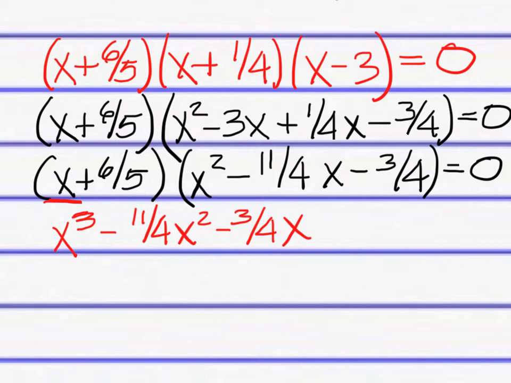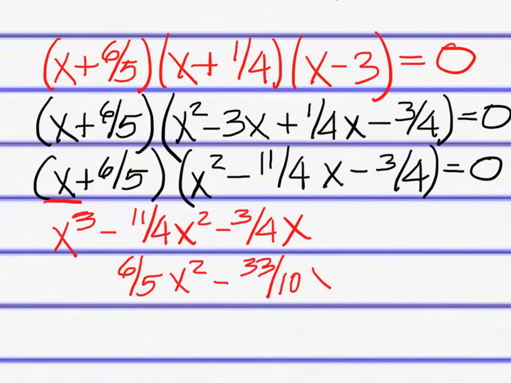And then move to the 6/5. 6/5 multiplied by each of these. You would have 6/5 x squared minus 66 over 20. 6/5 times a negative 11/4 is a negative 66 over 20. 66 over 20 is the same as 33 over 10.